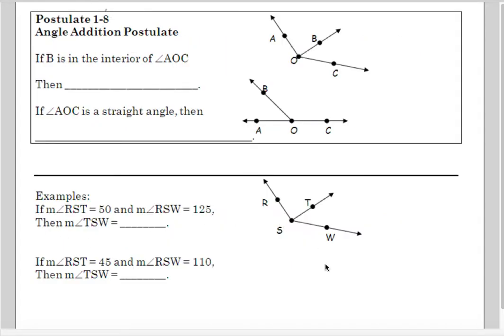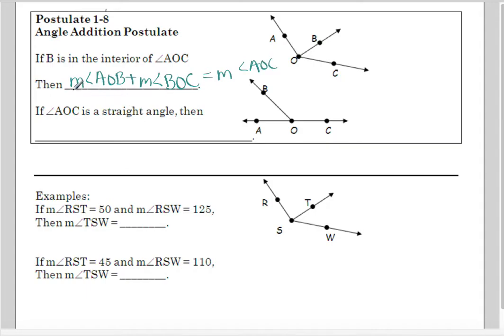The angle addition postulate says if B is in the interior of angle AOC, so here's angle AOC and B is somewhere on the inside there, then you can add the measure of angle AOB plus the measure of angle BOC equal to the measure of angle AOC.